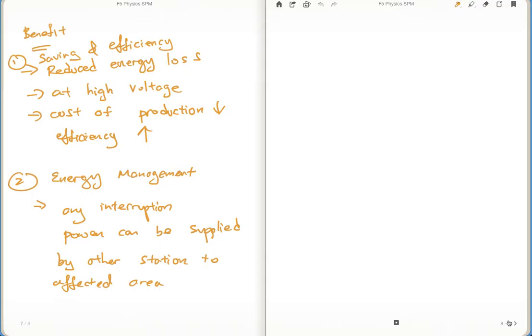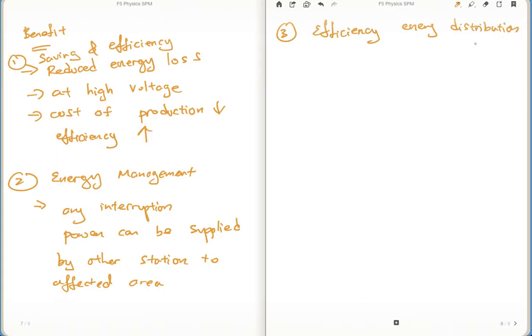Then also, the last one is the efficiency of energy distribution.